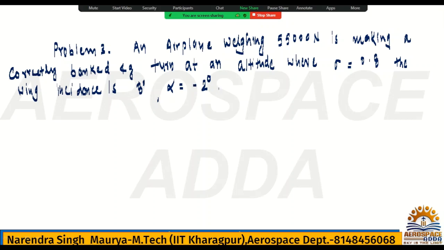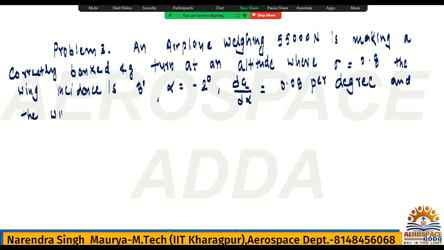Okay, dCL by d alpha, it is called slope, it is given 0.08 per degree, and the wing area is 28 meter square, right?